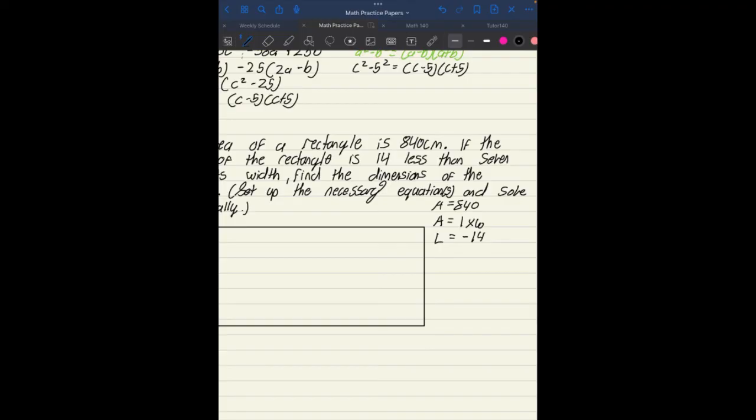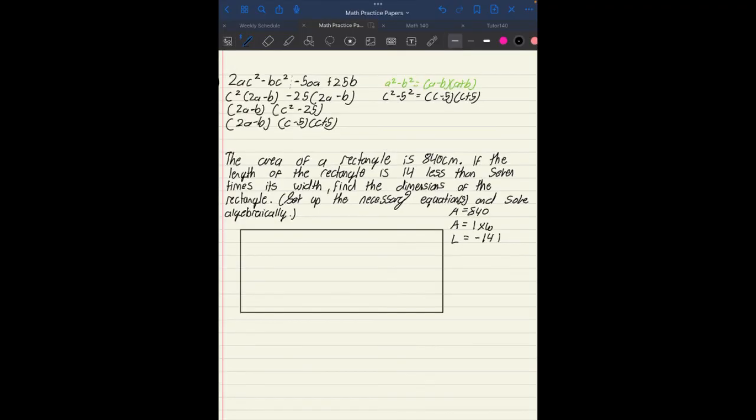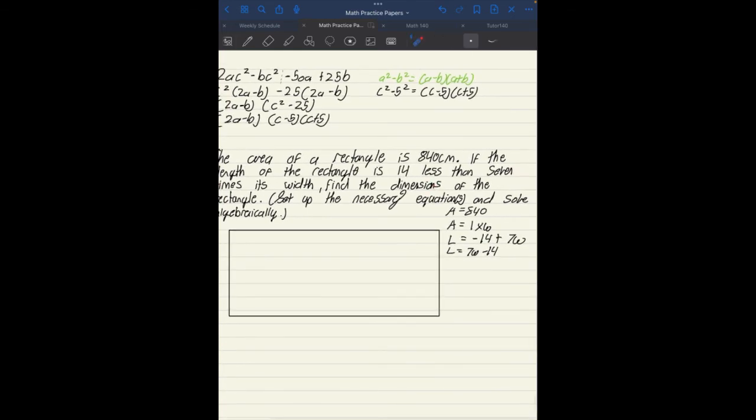Rewrite this. Length is 7w minus 14, right? So it's 14 less than 7 times its width. So 7 times its width minus 14, because it's 14 less than this, right?